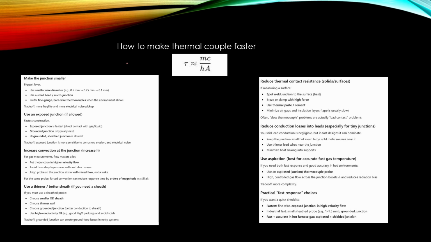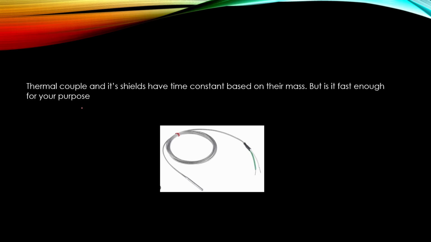Here we have some guidelines how we can make our thermocouple fast. Basically, a smaller mass, smaller thermal capacity, higher heat transfer coefficient and higher surface area will give us a smaller time constant. You need to think what are your needs.